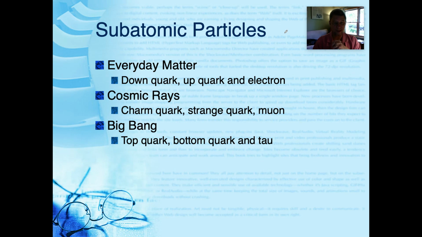And then finally, the top quark and bottom quark, along with the tau leptons, are for the Big Bang. And so all 12 of the particles are listed in terms of this, including the neutrinos.